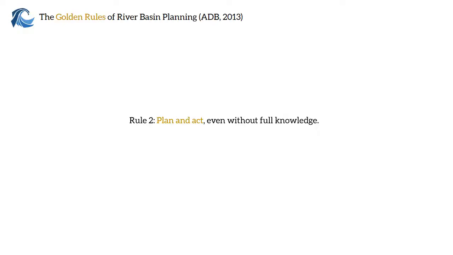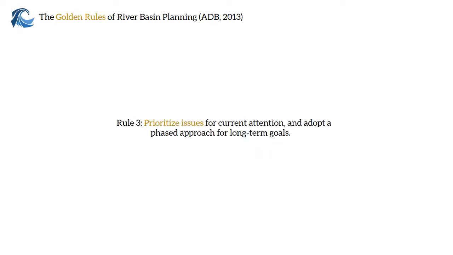So even if you don't fully understand the river basin itself, we still have to do something about it, even the small things. Again, I don't necessarily agree with this rule, but it's part of the 10 rules, so I included it.